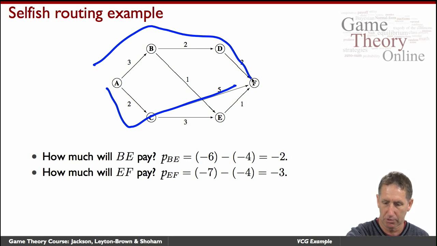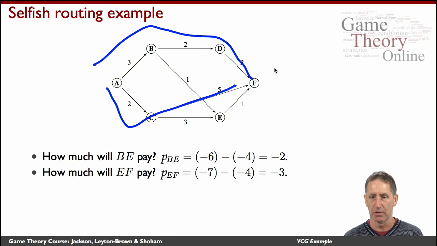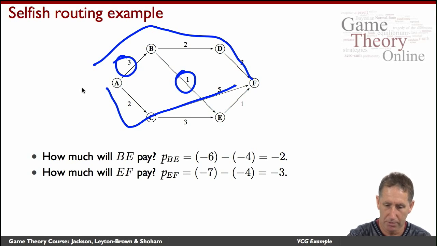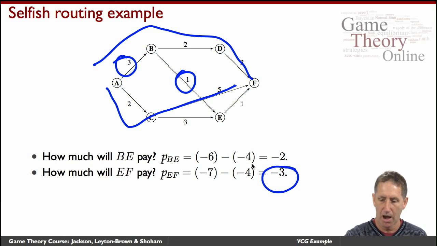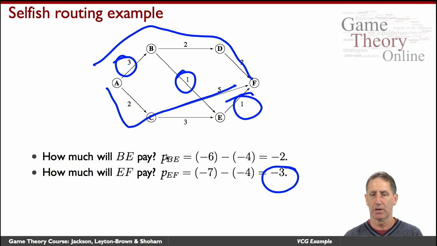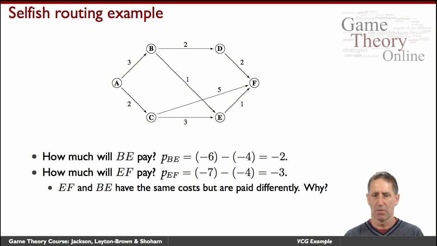In both cases, the cost of the shortest path would be 7, so the total cost to the population without them in the picture would be 7. With them, the cost is, again, 1 plus 3, it's a 4, and so they get the difference of 3. So the payment would be 3, and therefore the net profit would be 3 minus 1, namely 2.